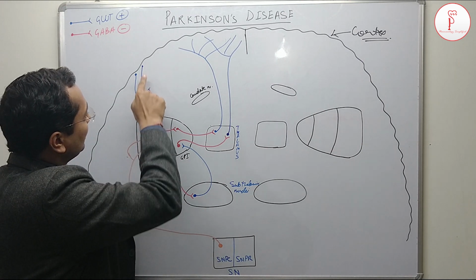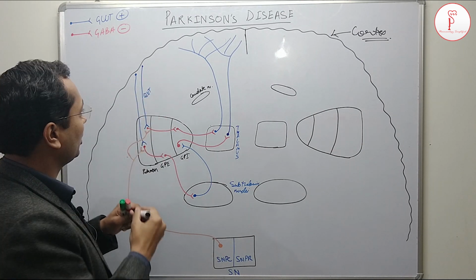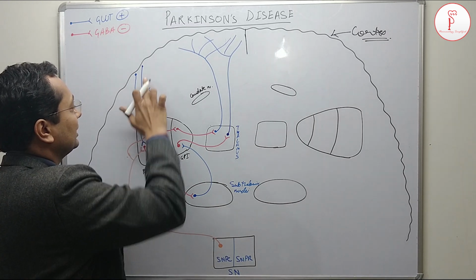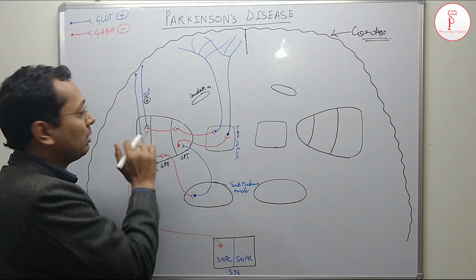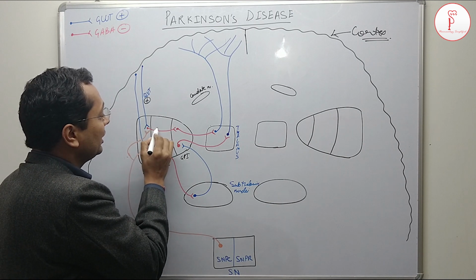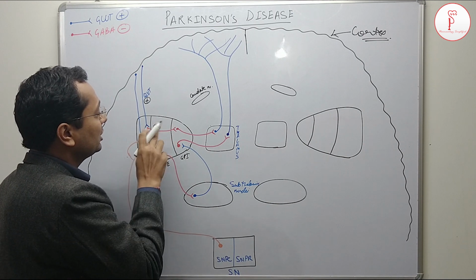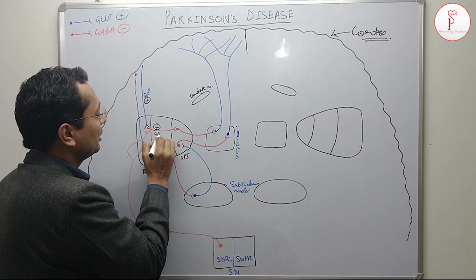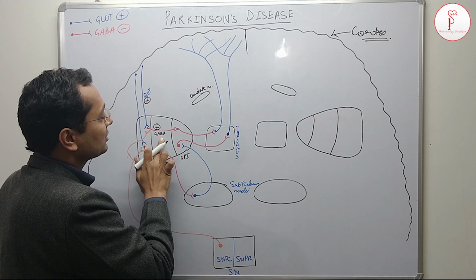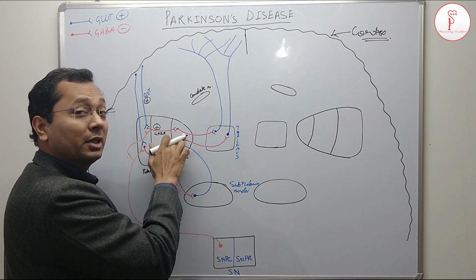Right? So here glutamate, what is the nature of glutamate? It is stimulatory. There will be release of glutamate at this point, and it will stimulate this neuron. And this neuron is GABAergic, right? This neuron releases GABA, and when it releases GABA, it will generate an IPSP here.